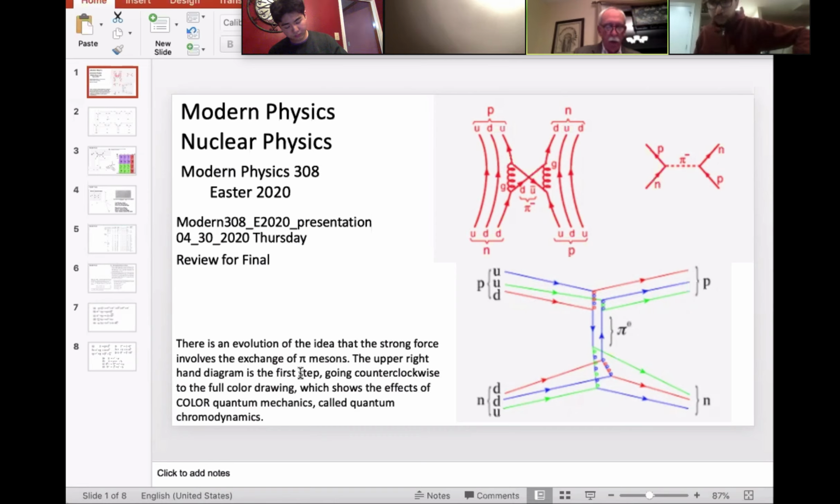We did a whole lot with the bubble chamber and cloud chamber stuff when we were talking about detectors for nuclear events, not just for elementary particles. And so the kind of analysis that we do there with bubble chamber pictures, I expect you to be able to do some of that.